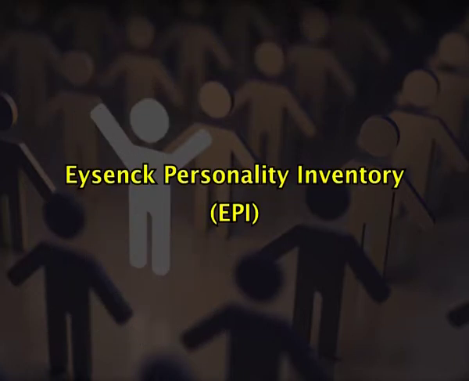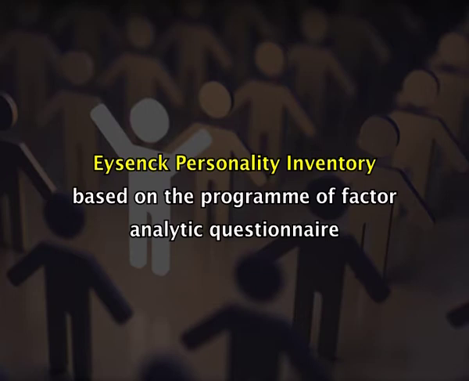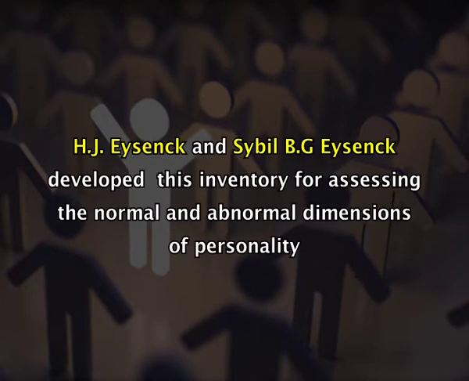The Eysenck Personality Inventory, or EPI. EPI is based on the program of Factor Analytic Questionnaire. H.J. Eysenck and Sybil B.J. Eysenck developed this inventory for assessing the normal and abnormal dimensions of personality.